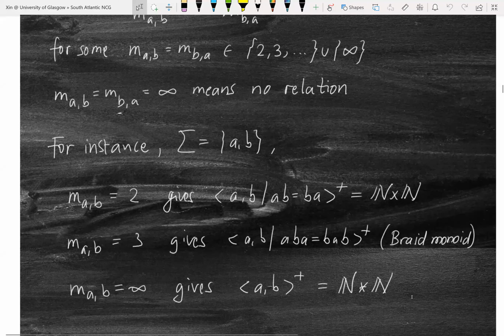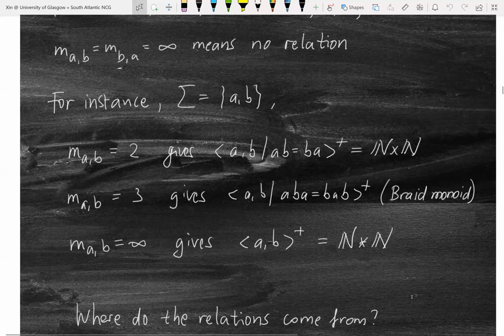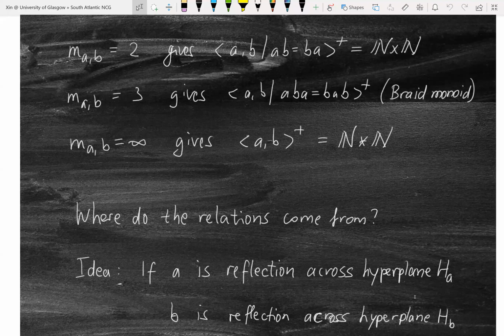So let me try to explain, or just give the idea of, why this is related to this other picture with the reflections. So basically, what's the geometric interpretation of these relations? Here's a way to think about these. You can think about these generators as reflections across some hyperplanes, say in R^n.